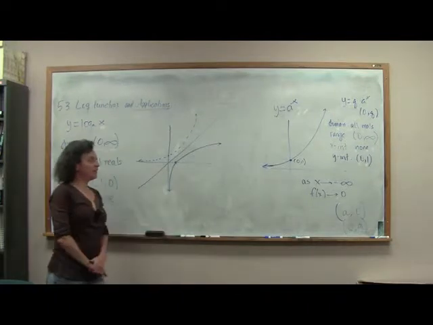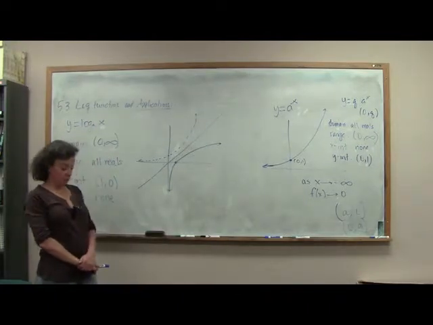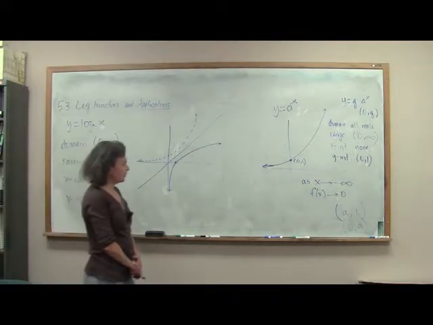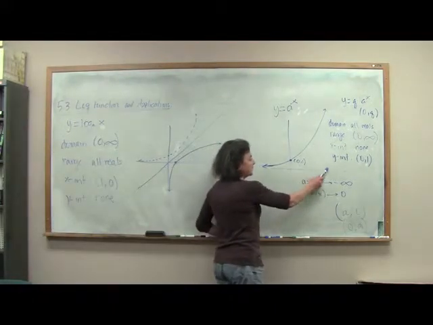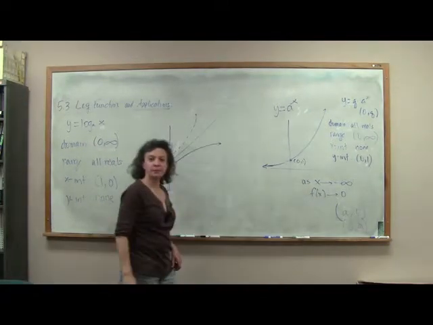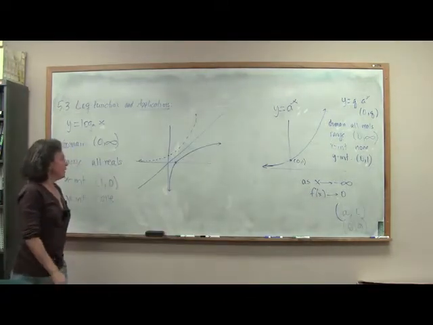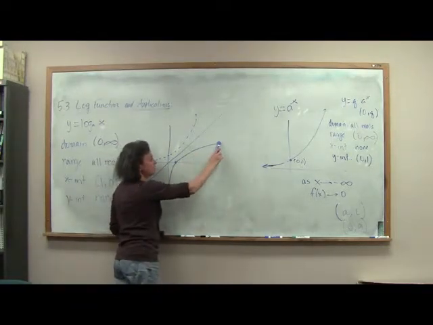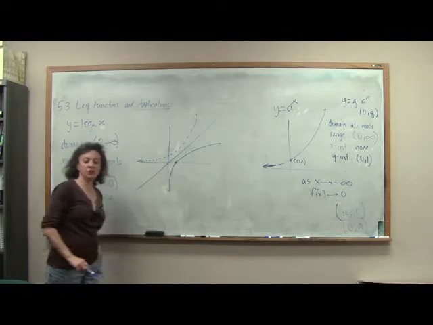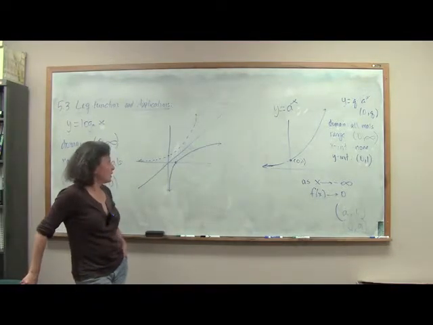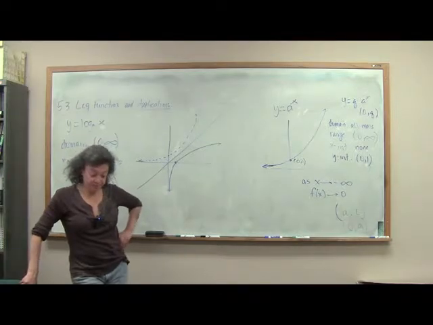And then the other thing that I'm going to mention to you, which we'll get to again in chapter 11, is the following. Notice as x gets large, don't my exponential functions grow really quickly? They do. Here as x gets large, my function is growing, but notice it grows nowhere near as quickly as our exponential functions do.